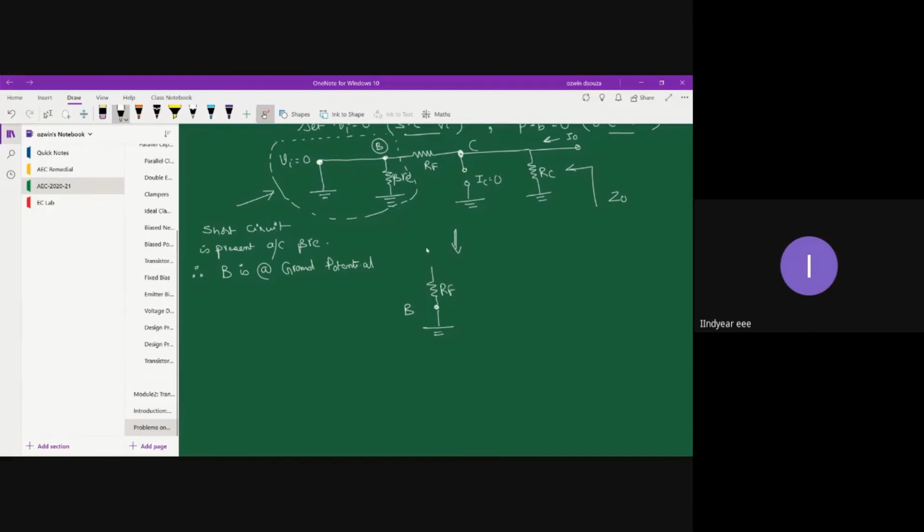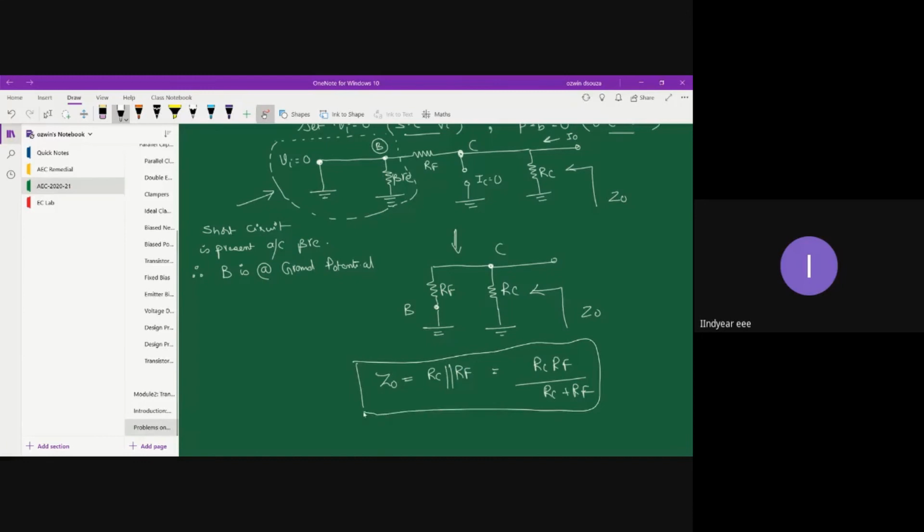The other end of RF is connected to the collector, and the collector terminal is also connected to RC. The other end of RC is grounded, and this is your Z0. So what is Z0? Z0 is basically a parallel combination of RC and RF, so it is RC into RF divided by RC plus RF. So that's your Z0, a parallel combination.